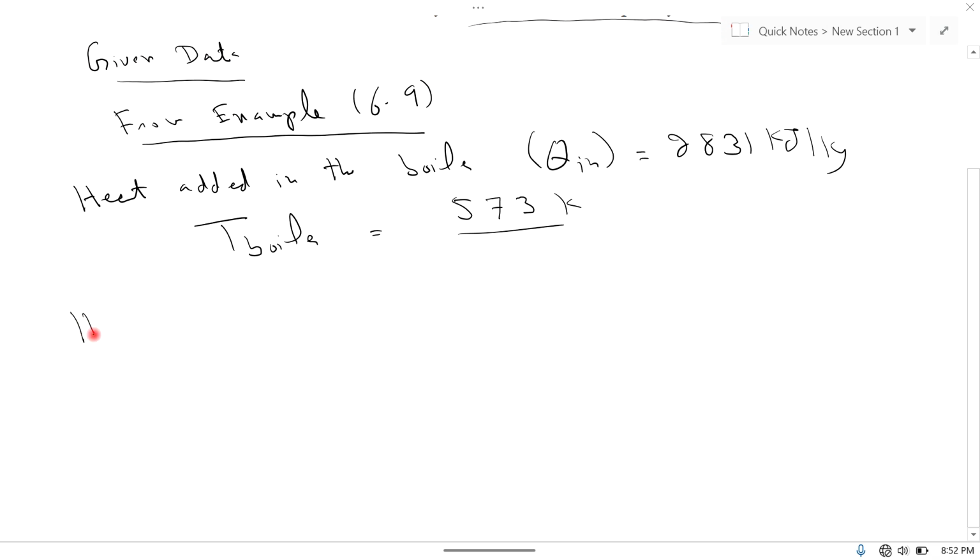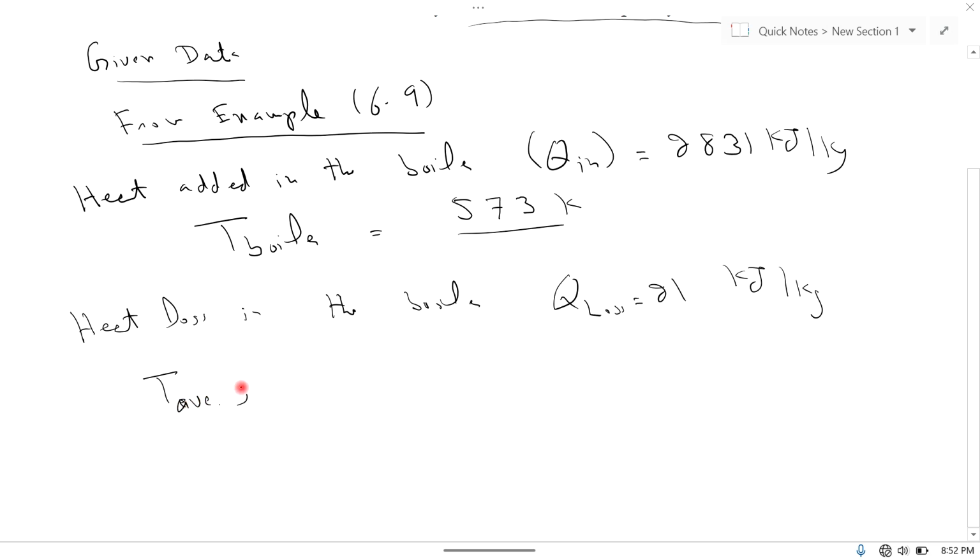Similarly, the heat loss in the boiler from example 6.9, Q loss, is equal to 21 kilojoule per kg, and for the average temperature of the line, the problem statement says to take the average temperature.